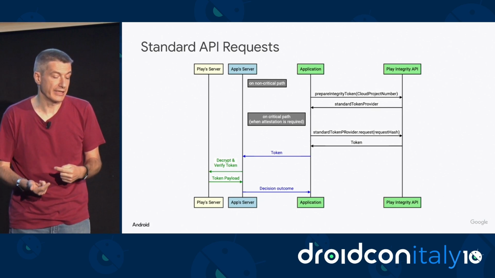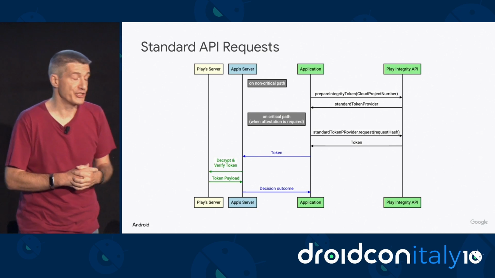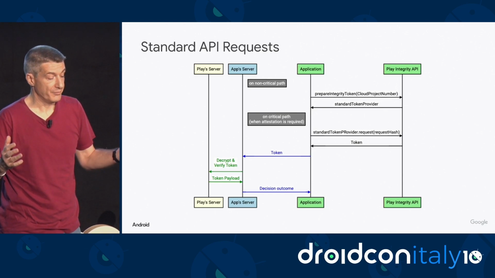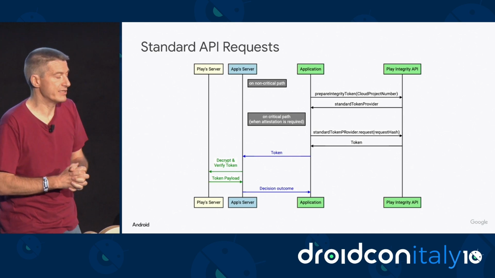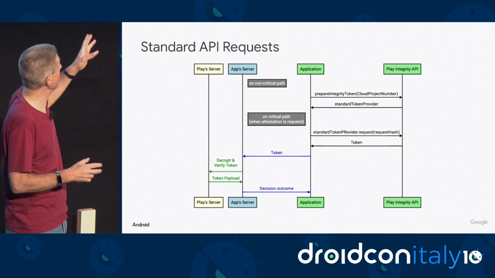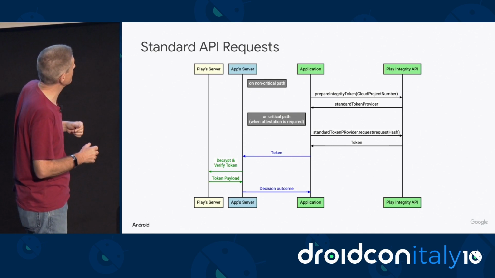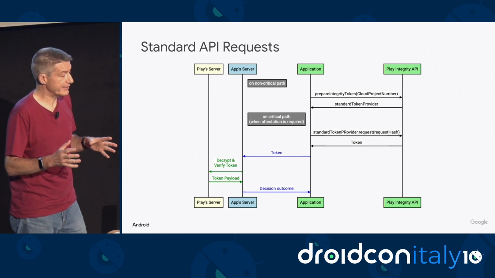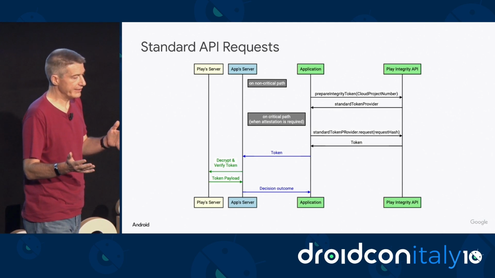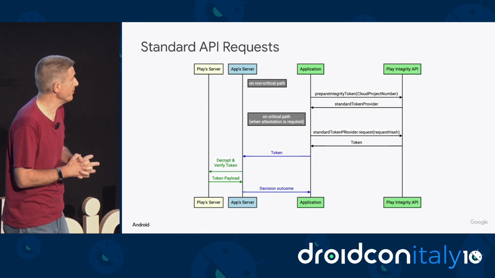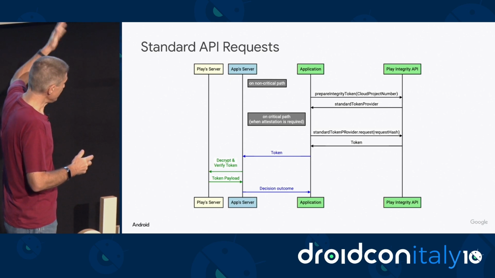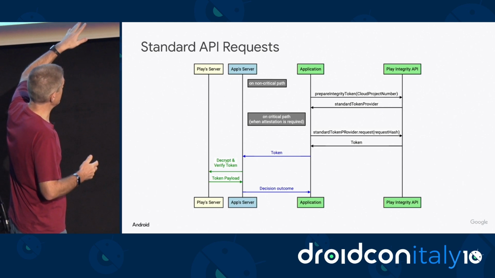You generate on the client a request hash, hashing the information that is part of your request. There are some limits on the size of this hash that we are going to see, but the basic idea is that this can be used to validate that the request and the hash contain the same information. And then the rest of the steps are similar.